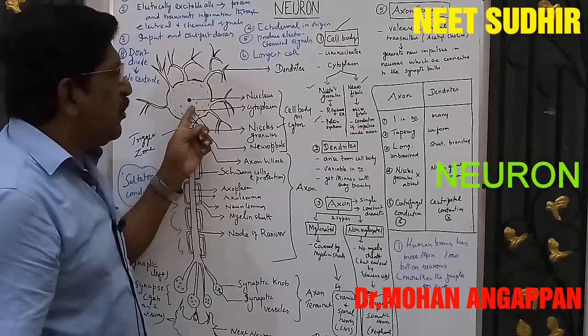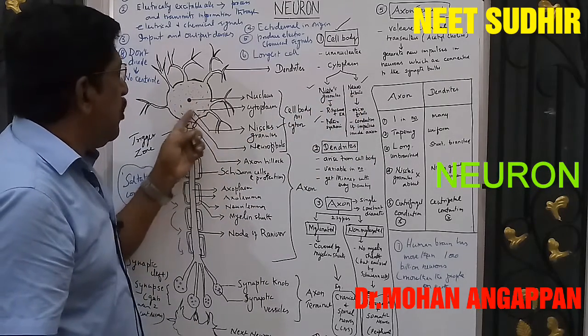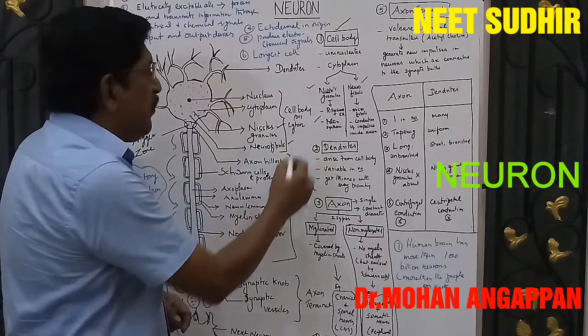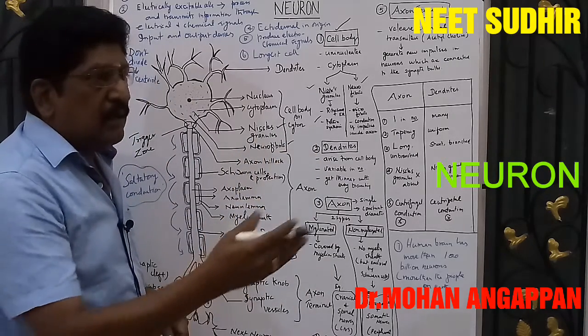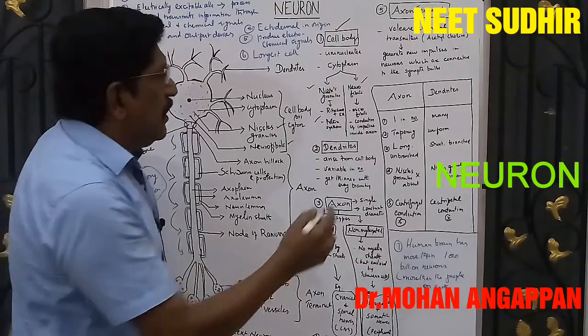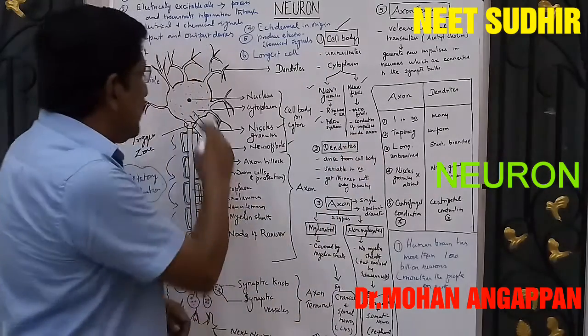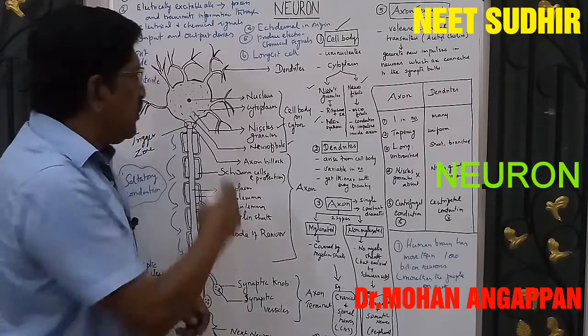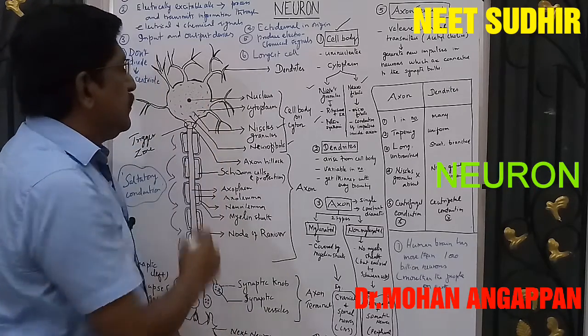These are the microfibrils inside the cytoplasm of the cell body. What is the function of these neurofibrils? They conduct the impulses inside the neuron, inside the axon.